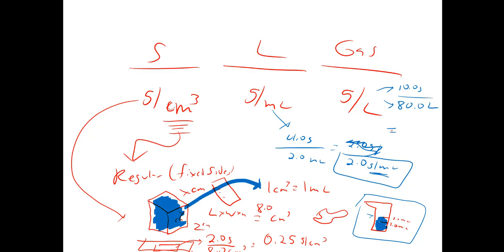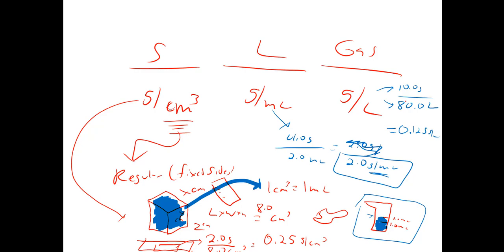And then I'd have to use my calculator and figure that out. And the answer is 0.125 grams per liter. So that's for a gas.